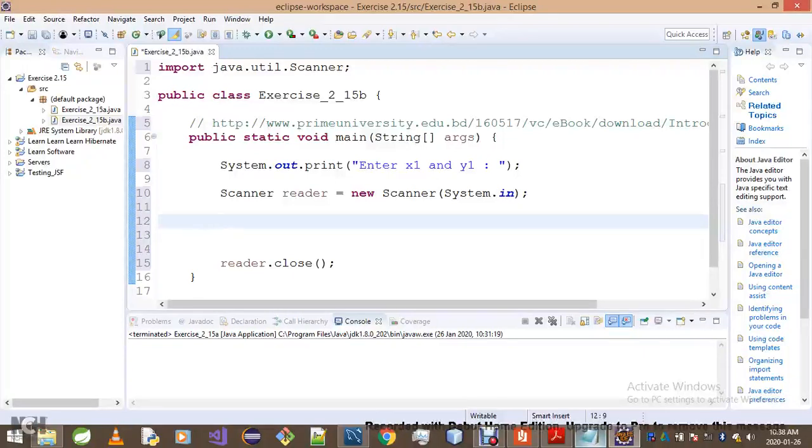What you want to do right now is simply read the values. So let's just go double x1, y1, x2, y2.